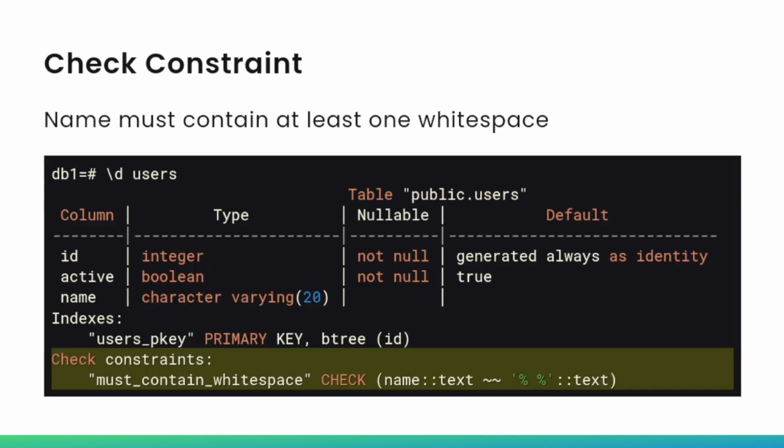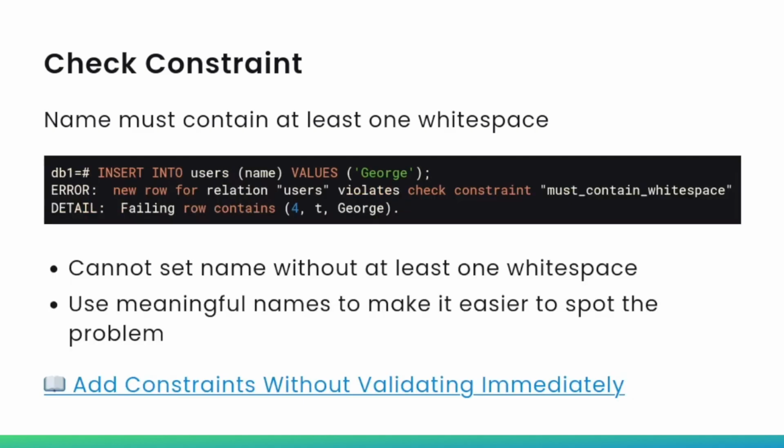Now, if we describe the table, we can see a new section at the bottom called check constraints with the name of the constraint. So Postgres did some transformation of the expression, but it's the same expression. Now, if we try to insert a value without white space, in this case, insert into users value George, so George is just the first name, we get a check constraint violation.